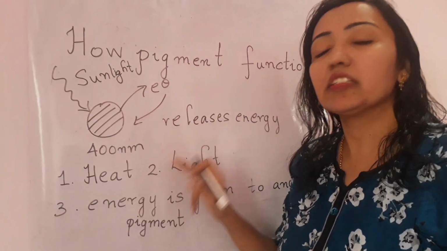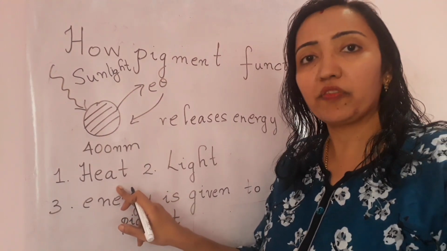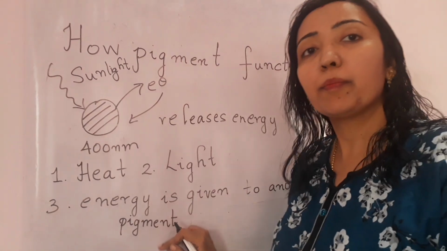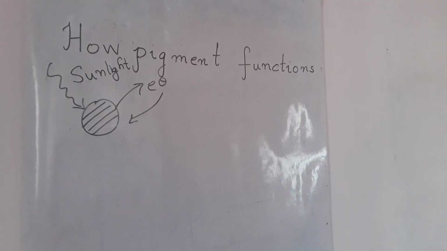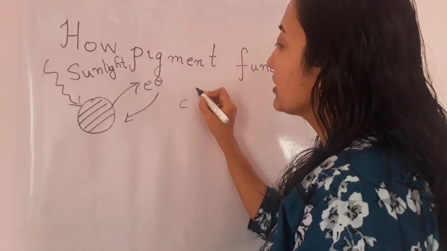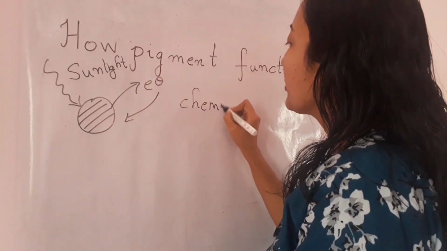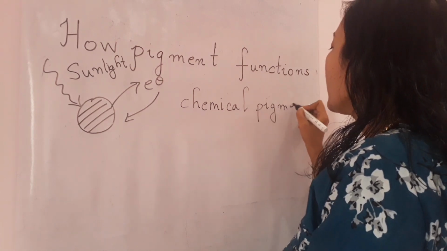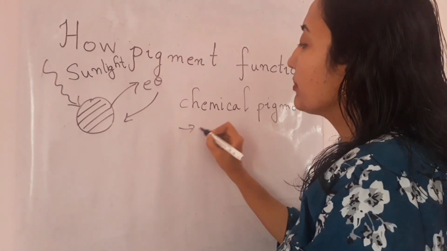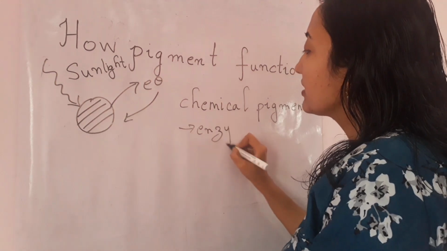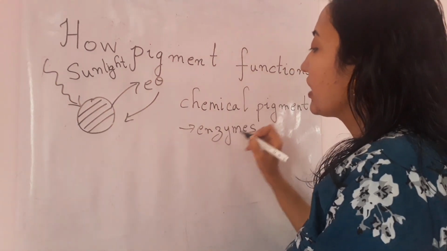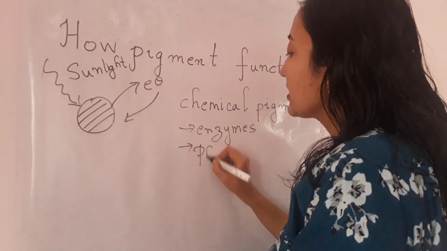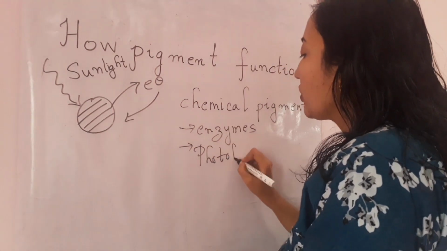This energy is used either in the form of heat or light, or this energy is given to another chemical pigment which has enzymes. This pigment can carry out photochemical reaction like photolysis. It has enzymes, so it can carry out photolysis.